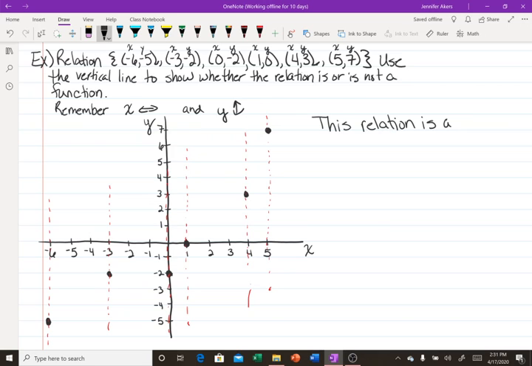So this relation is a function because it passes the vertical line test.